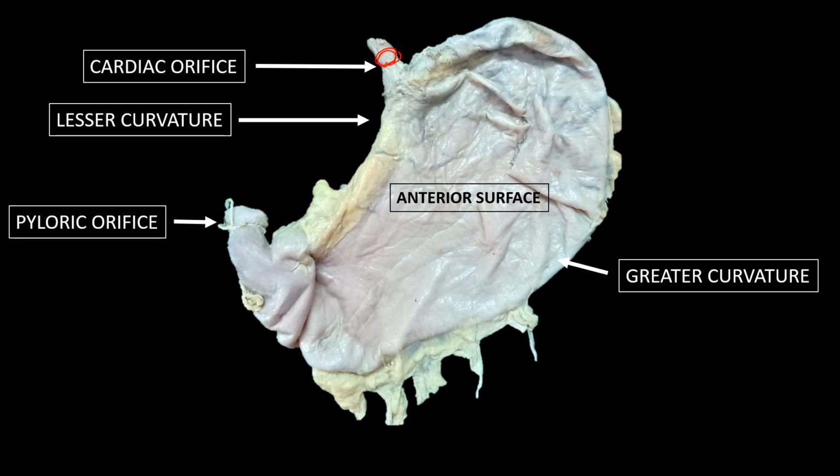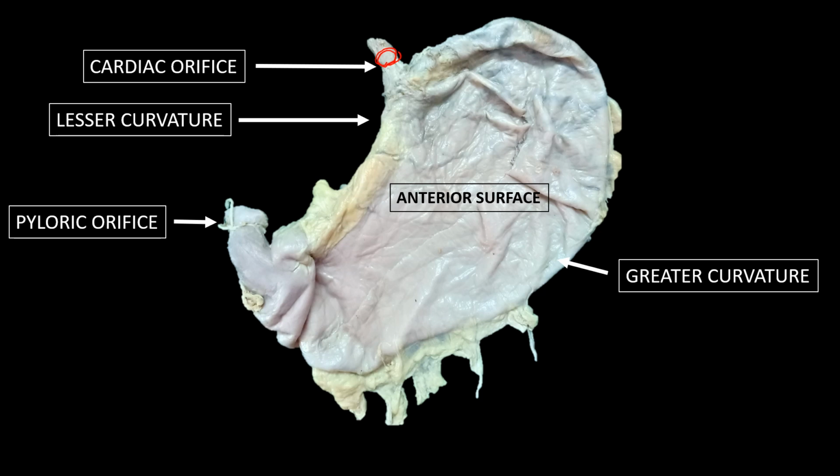Its orifice presents a physiological gastroesophageal sphincter which prevents regurgitation of fluid from the stomach to the esophagus. There is no evidence of an anatomical sphincter at gastroesophageal level.